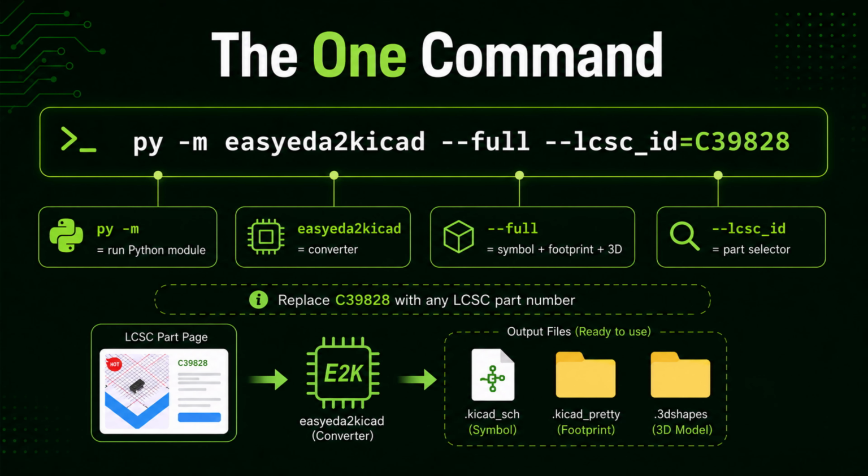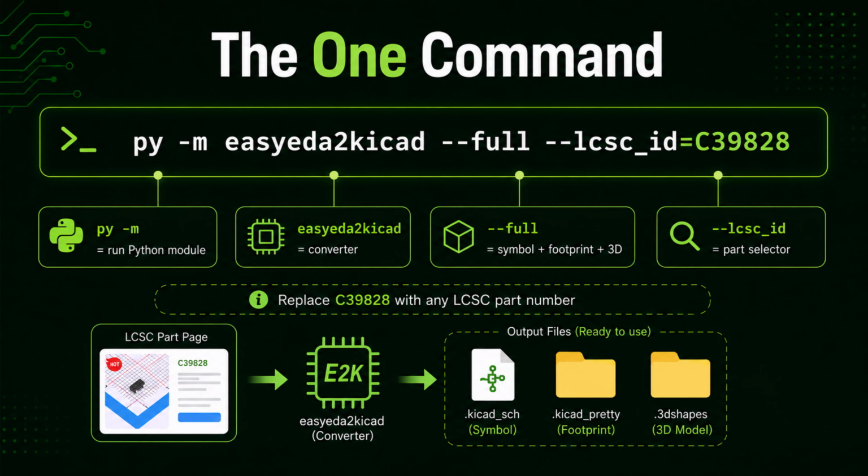The main conversion command is py -m easyeda2kicad --full --lcsc_id=C39828. The py -m section runs easyeda2kicad as a Python module. The full option requests every available library element, including the schematic symbol, PCB footprint, and 3D model.